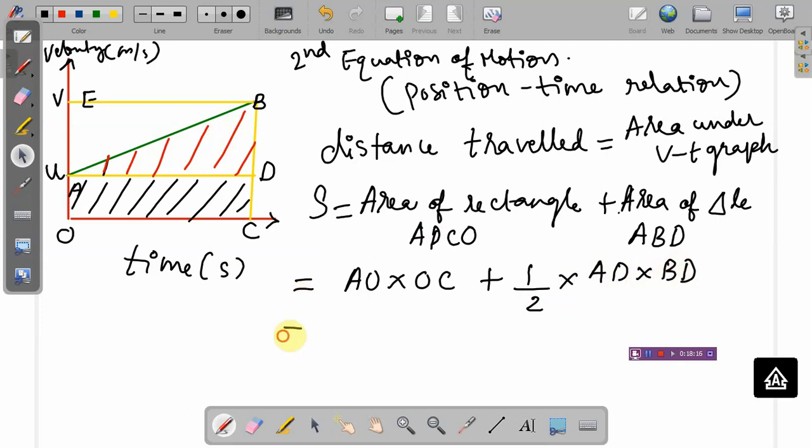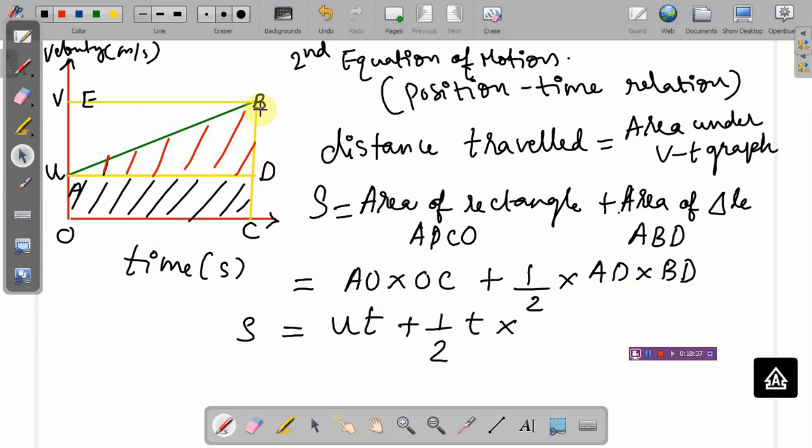So what will this be? S is equal to AO, which is the initial velocity, and OC shows the time. So UT plus half, AD represents what? Again the time, multiplied by BD.